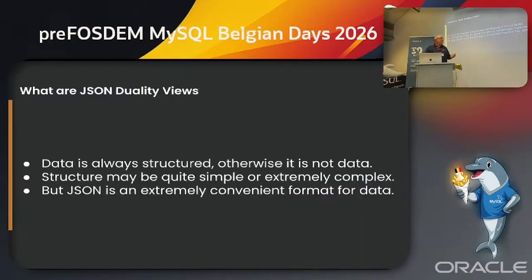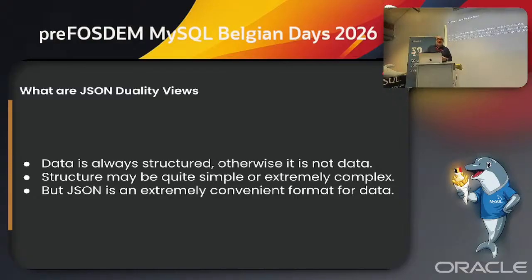But the problem is that data is always a structure, because if it's not a structure, it's not data. Finally we go to bytes and bits, and this is a structure. Images have formats, and the formats describe a structure that defines the content.